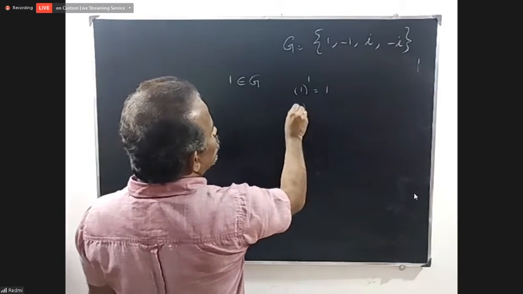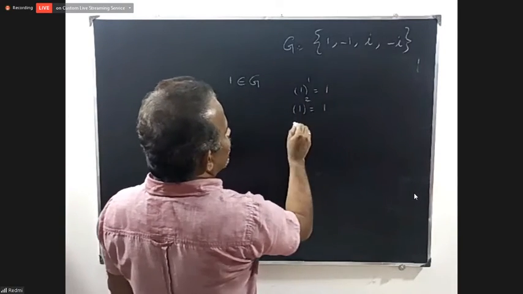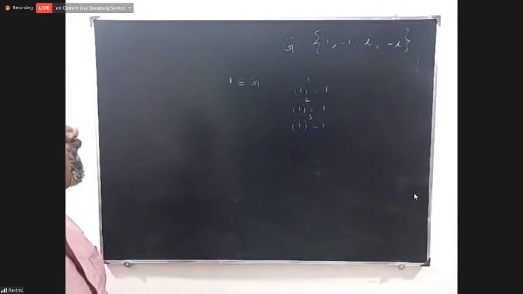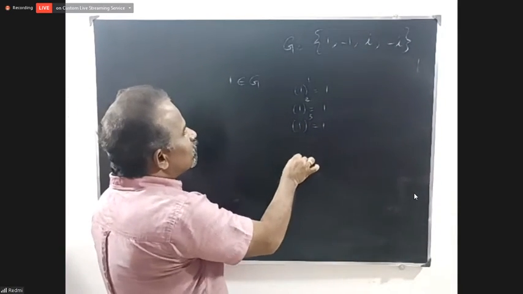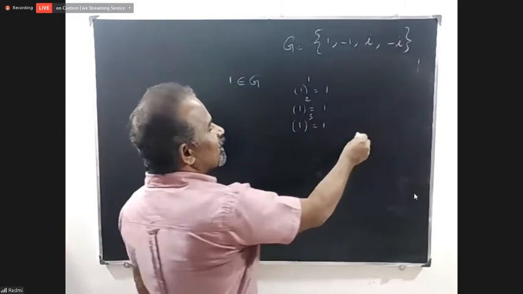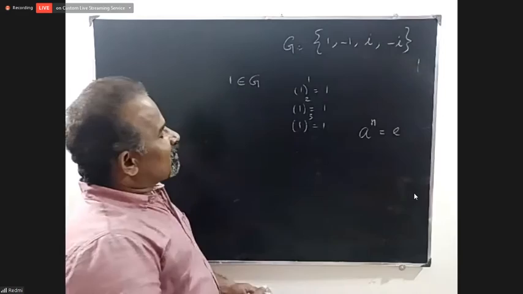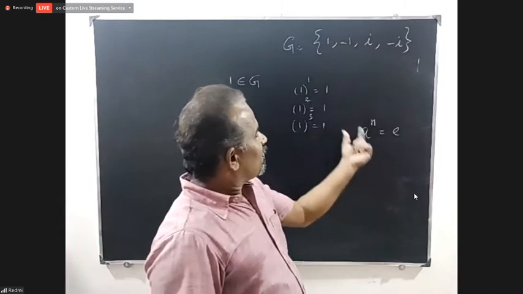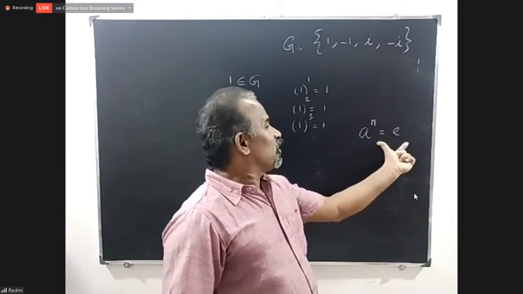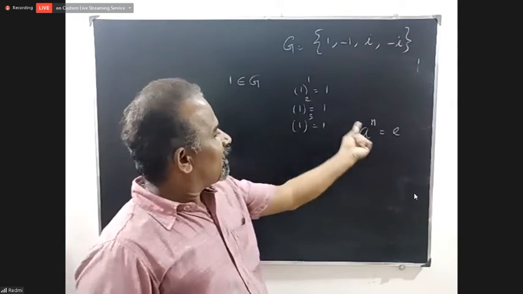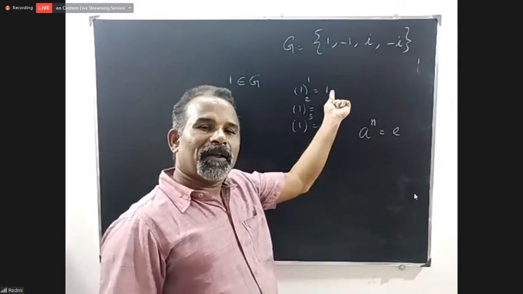Then 1 power 2 is also 1, 1 power 3 is also 1. So there are many positive integers which satisfy a power n is equal to e, because a is equal to 1 and e is also 1.